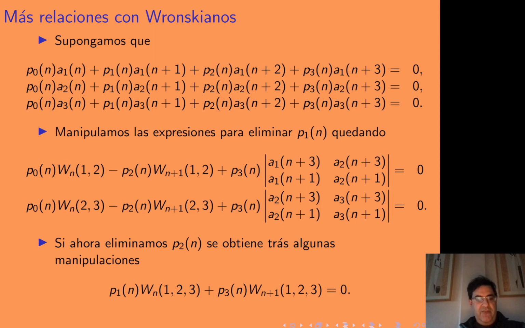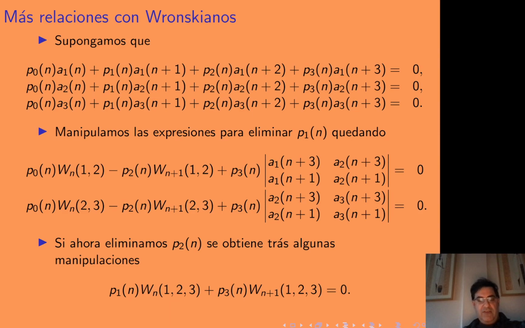You see the Wronskian 1, 2, 3, and the Wronskian n plus 1, 1, 2, 3. This is something very nice. Because you remove P1 and P2, only P0 and P3 survive. So this is the difference equation that the Wronskian we need fulfills.